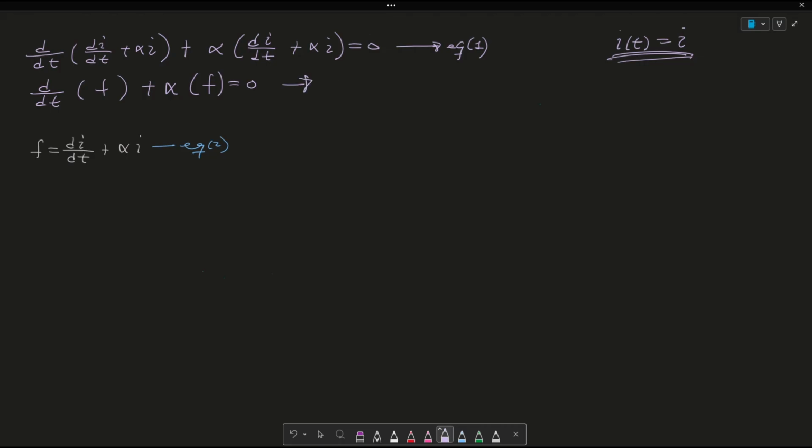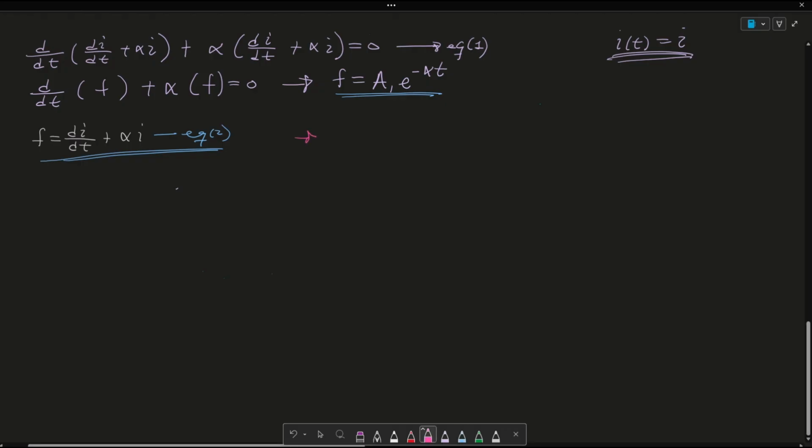And we said that the solution for f in this situation is my first order ODE solution, which says that it's A1 e to the minus alpha t. And this is nice because we have a solution for f here and a solution for f here. So let me go ahead and equate the two together. So we know that A1 e to the minus alpha t, or this term here, has to equate to dI over dt plus alpha I, or this term here.